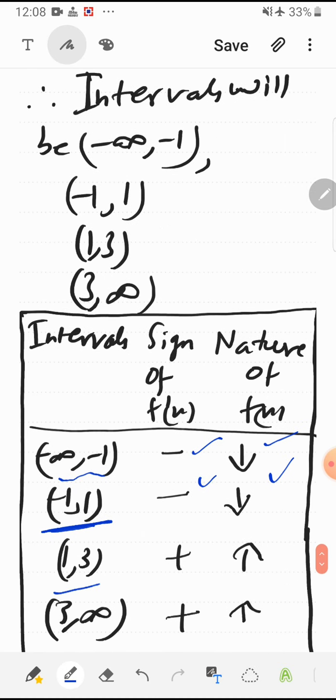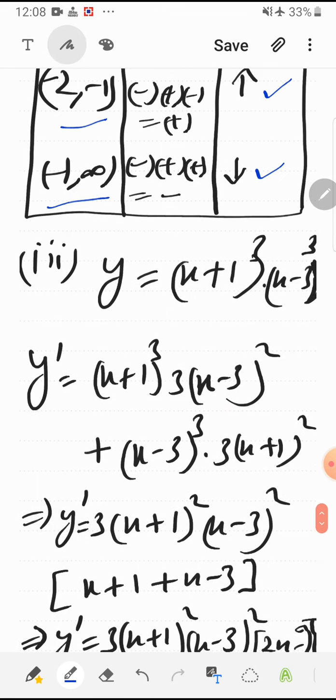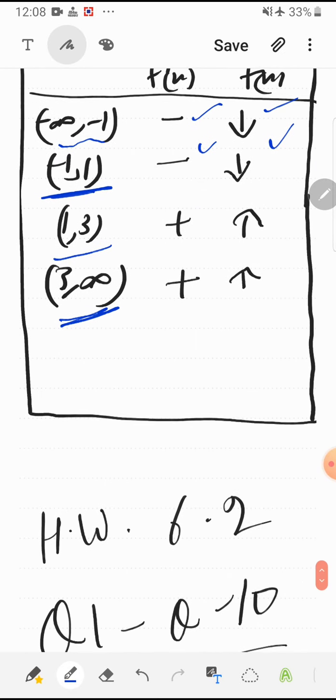And from the last interval, if I put any point, say 4 in this interval, you can check when x is equal to 4, the first two brackets are giving again the same positive sign, and when x is equal to 4 here, it is positive, so overall again positive.